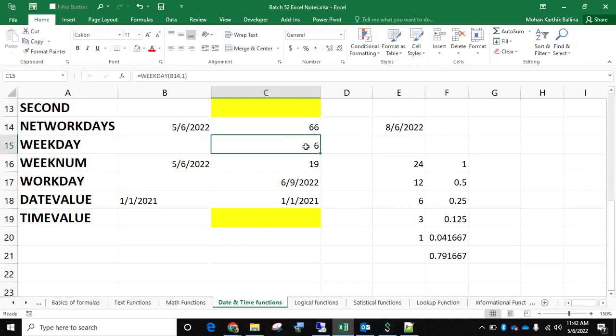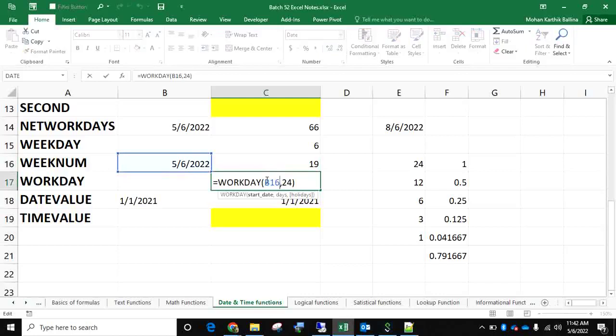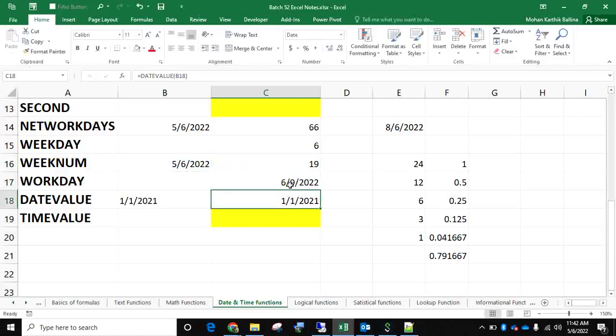Weekday: you have assigned 1 to 7 to each day. You will get the number based on your day. Week number: in which week of that particular year we are. Workday: you have a start date and you will take 24 days to complete it. What would be the estimated date? Date value: if your date is in text format, it will convert into an actual date format. Okay.